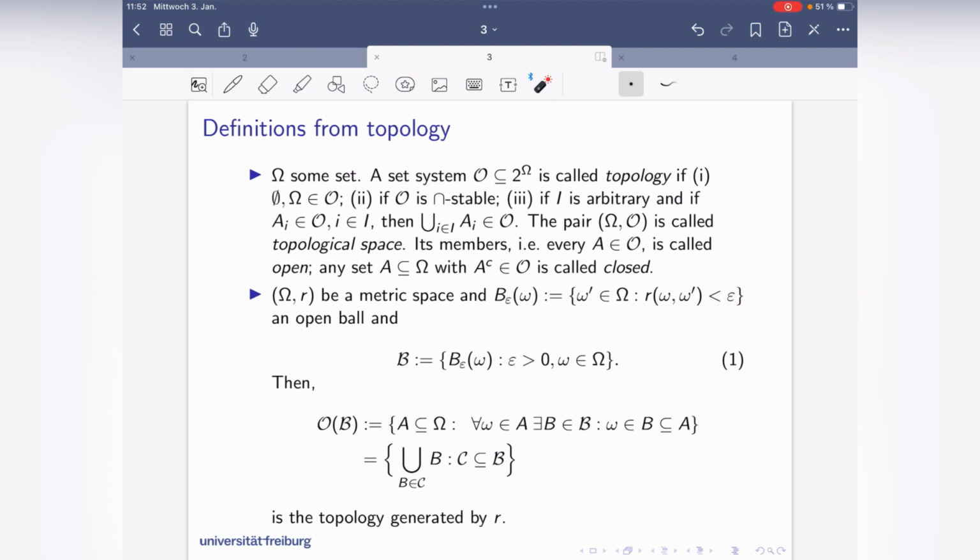So if I have some omega here, that's the center of the ball, and I have a radius, which is the epsilon here, I have the points in the space which have distance at most epsilon from omega. Then I have an open ball. And I have B, that's the set of all open balls of all radii which I can have.